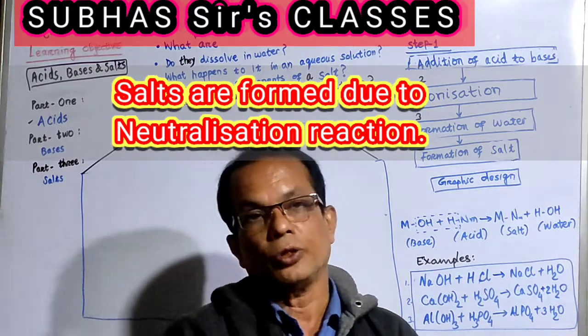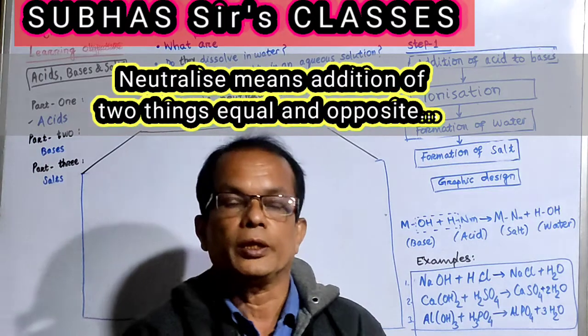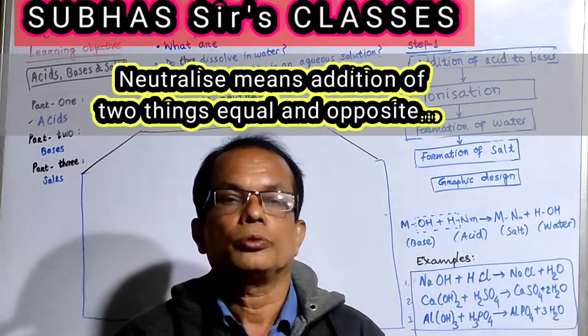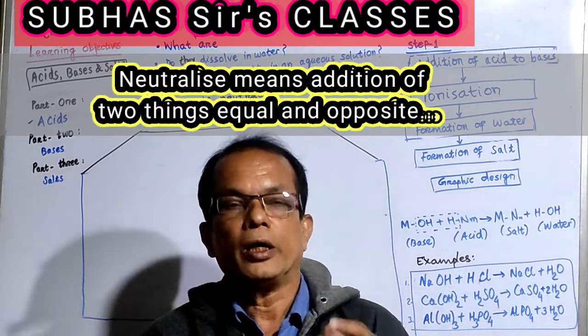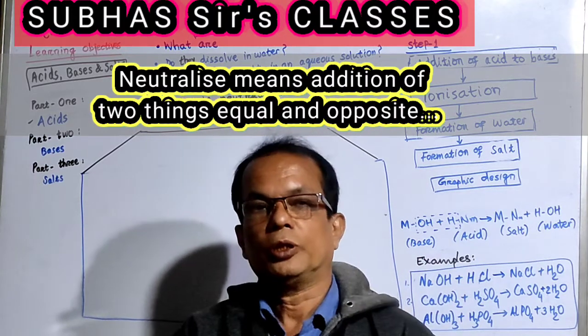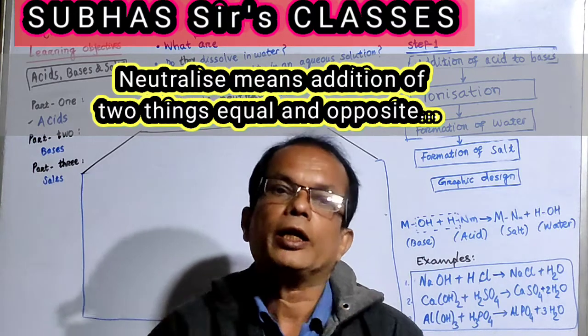What is neutralization then? Something balancing some other opposite thing. When you add +3 and -3, it becomes 0. The result becomes a neutral one. So we have seen that acids contain H+ ions, some positive things, and bases contain hydroxyl ions, some negative ions.